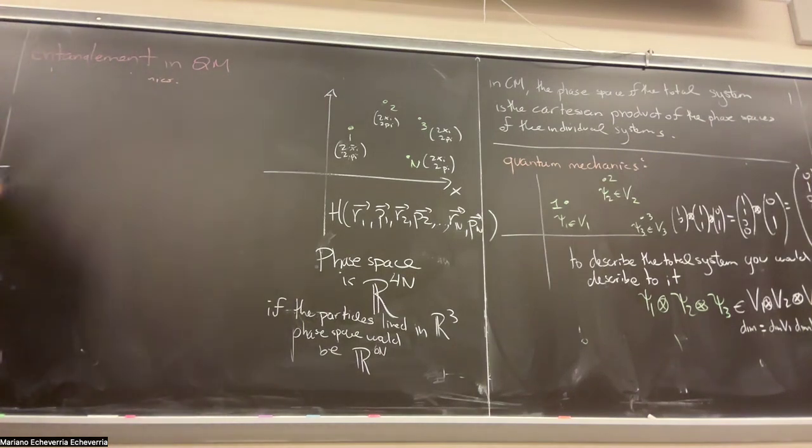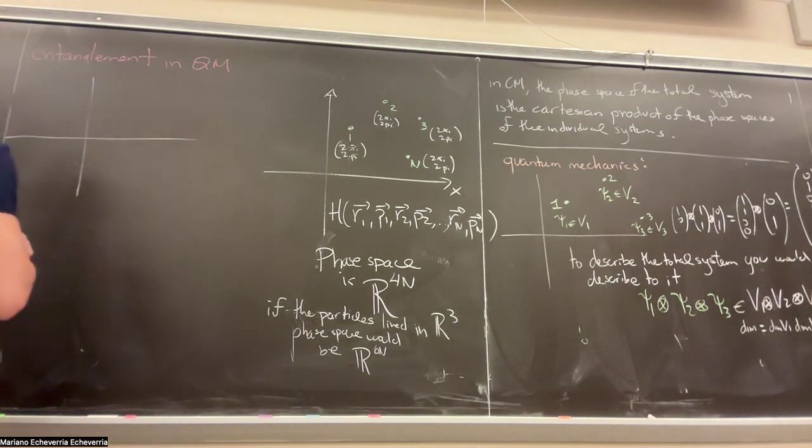So in general, in quantum mechanics, for simplicity of notation, let's say that the vector space for all of them is the same.